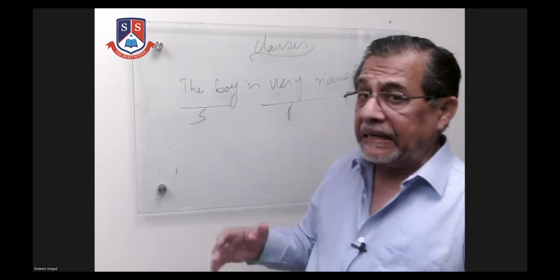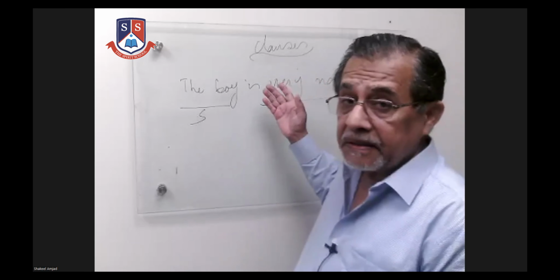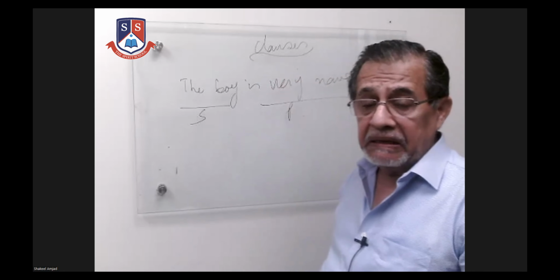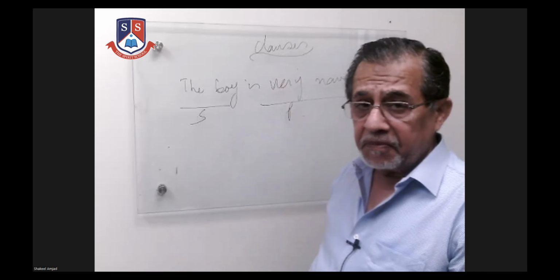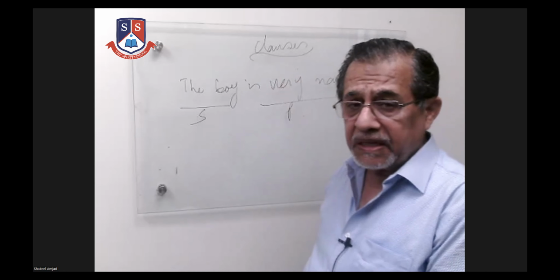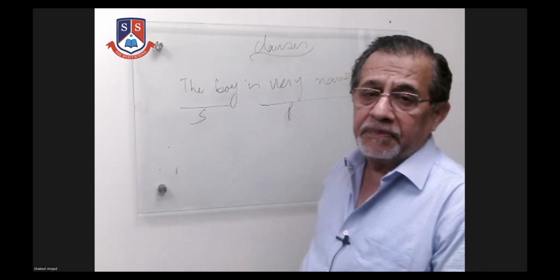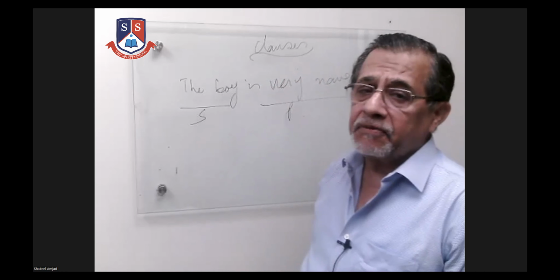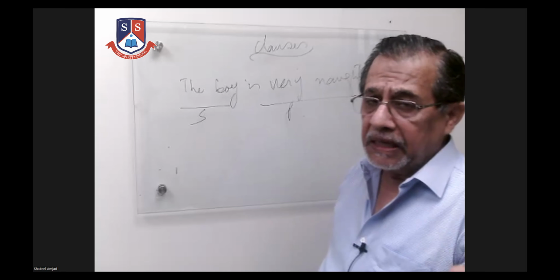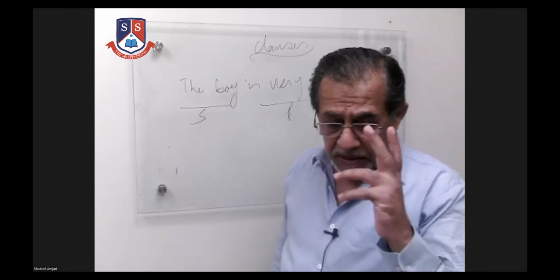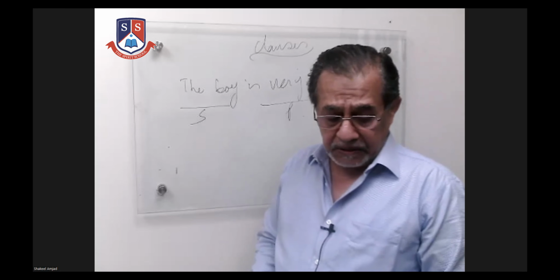The predicate can have any complementation: verb plus object, verb plus two objects, verb plus object and complement, verb plus subject complement, verb plus adverb. All types of adverbs are possible in one independent clause, right? So this is what a simple clause is.